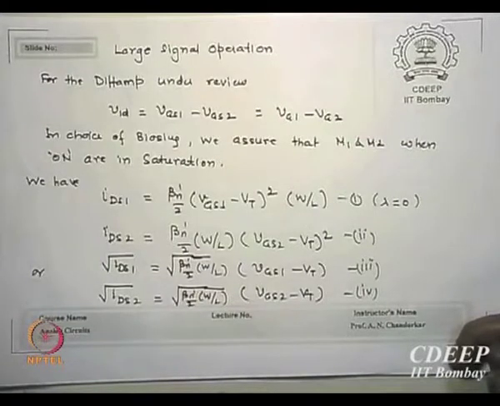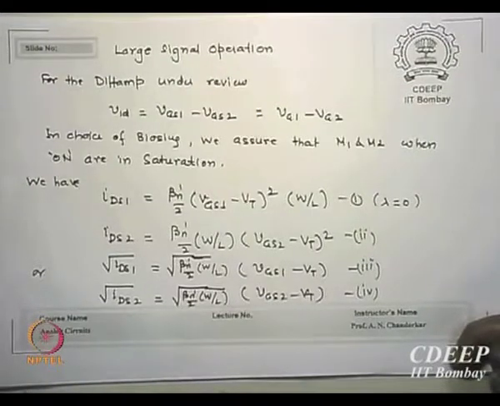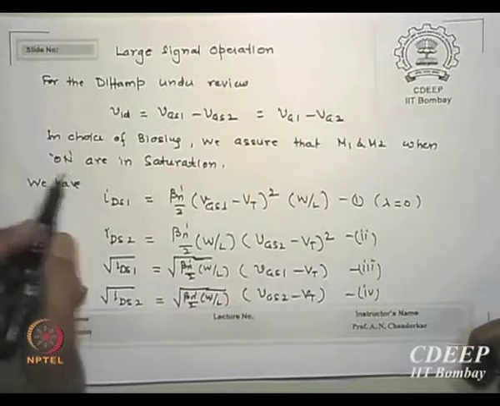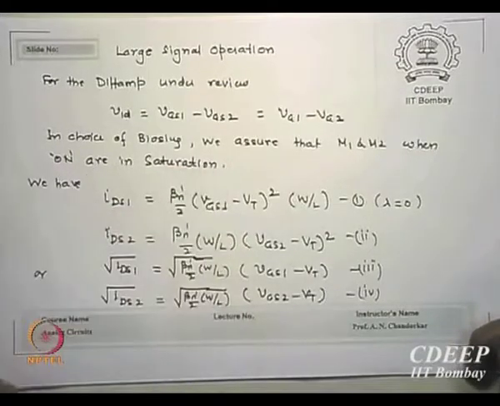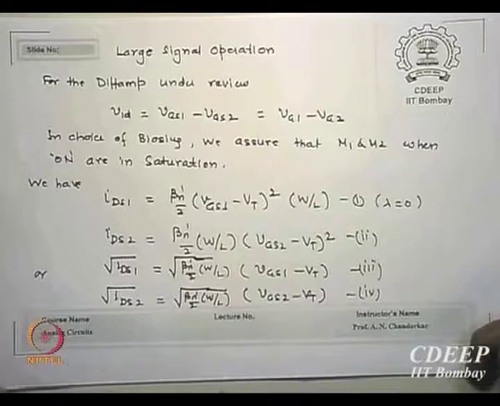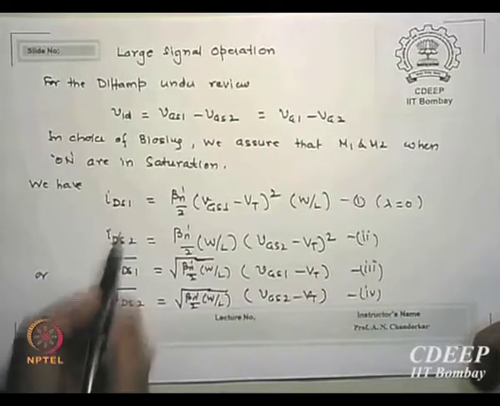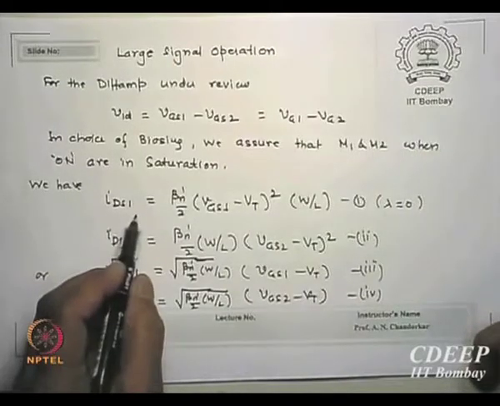Yes, it essentially means the source is at the same potential, so the difference of VG and VGS is the same. In our choice of biasing we assured, with ISS, that both transistors are on, in saturation.